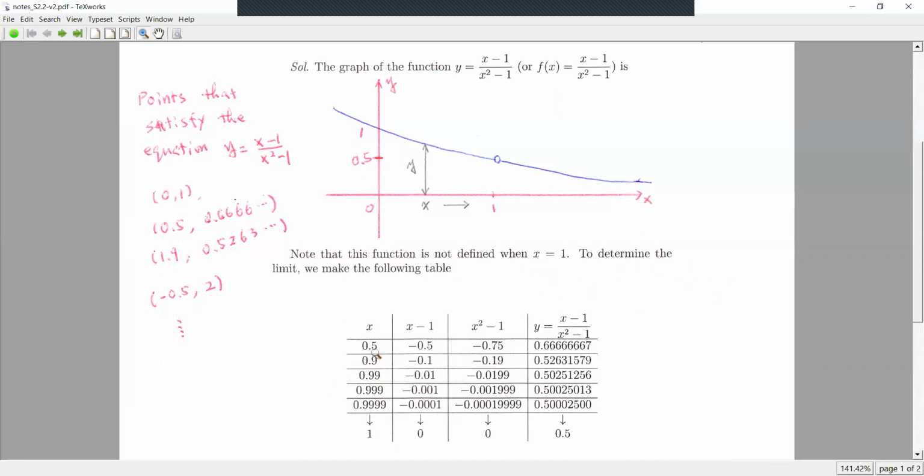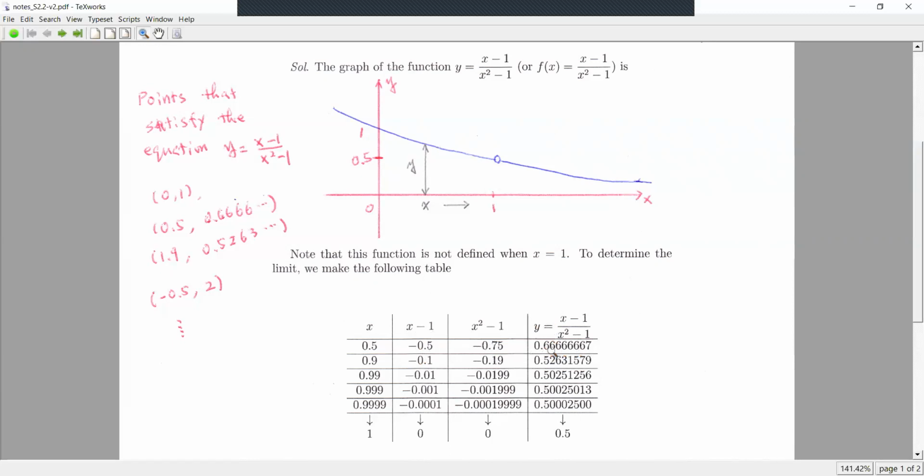When x is 0.5, x minus 1 is 0.5 minus 1, which is negative 0.5. x squared minus 1 is 0.5 squared minus 1, which is negative 0.75. The function value, the value of y, is numerator over denominator.